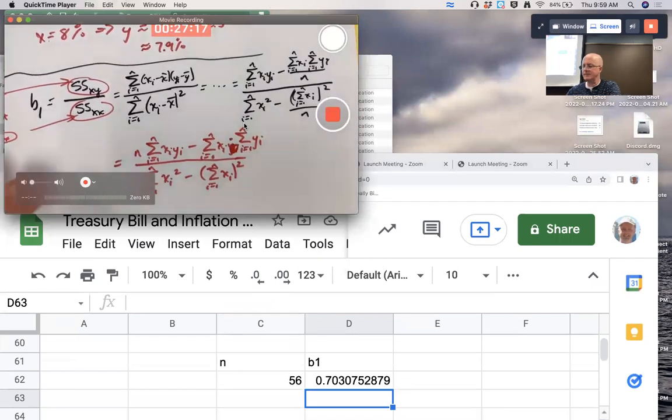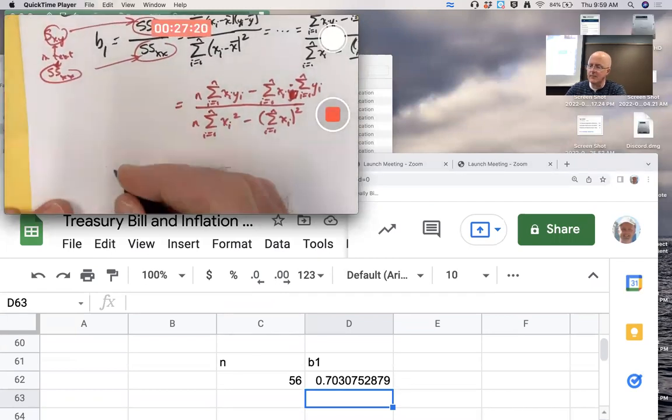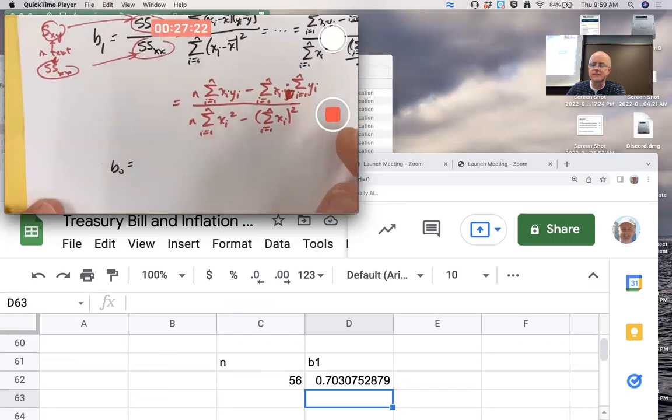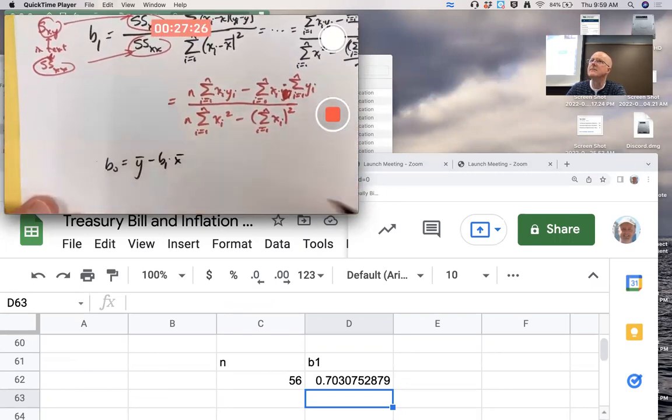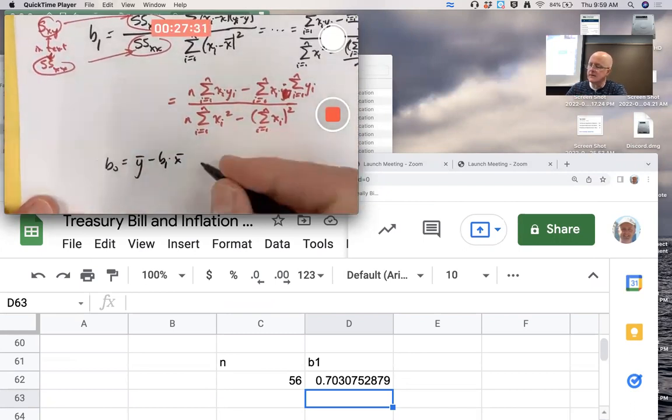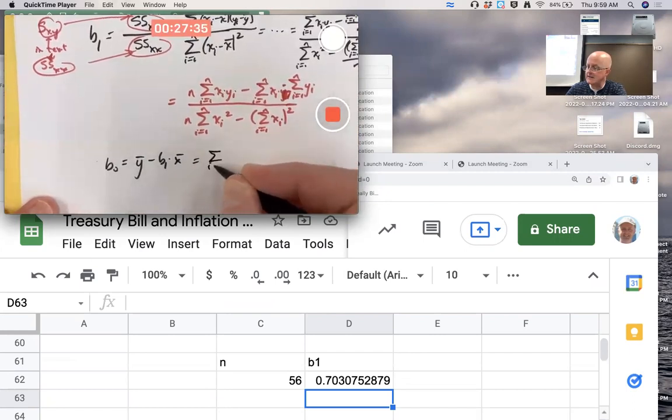The intercept, B0, is y bar minus B1 times x bar. Which you could write as one fraction if you wanted to. You could write y bar as the sum of the y's divided by n.